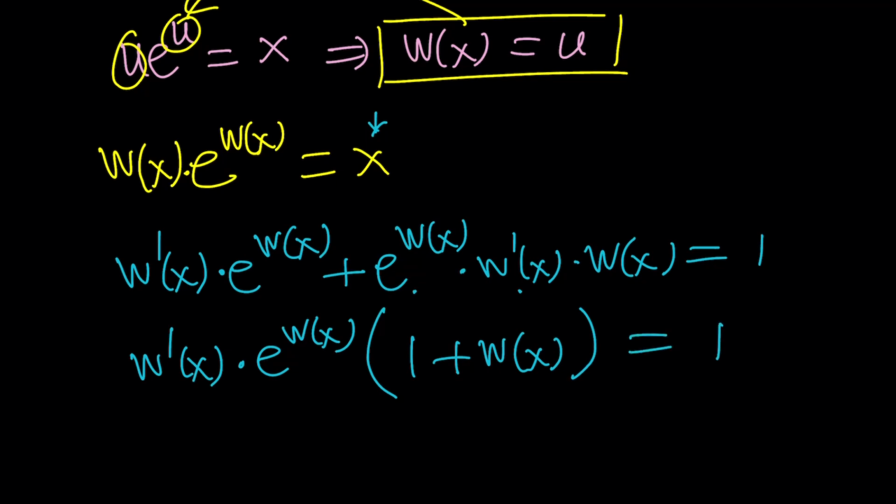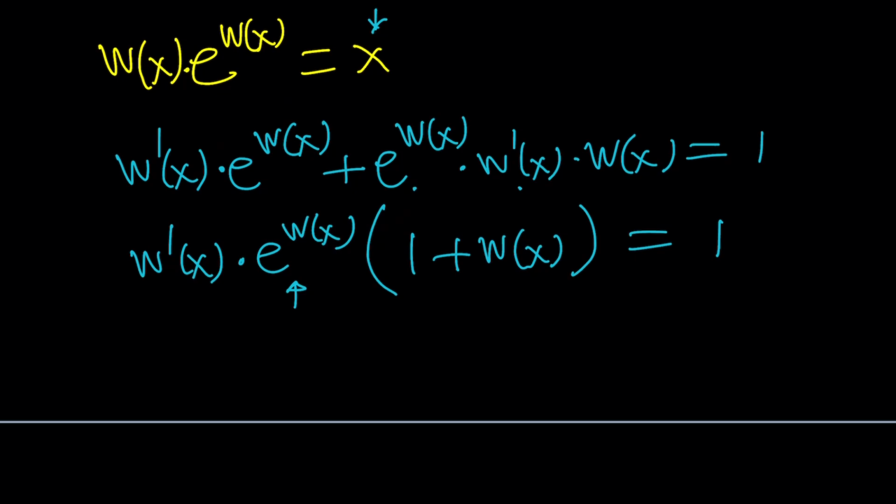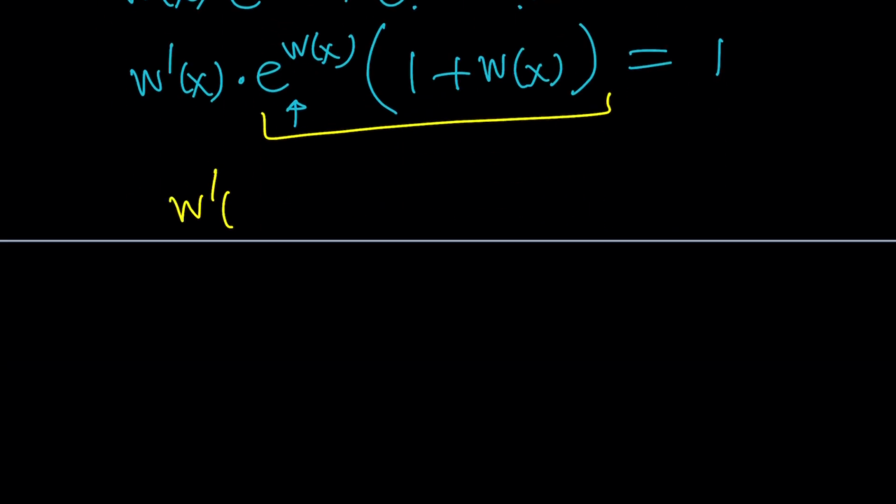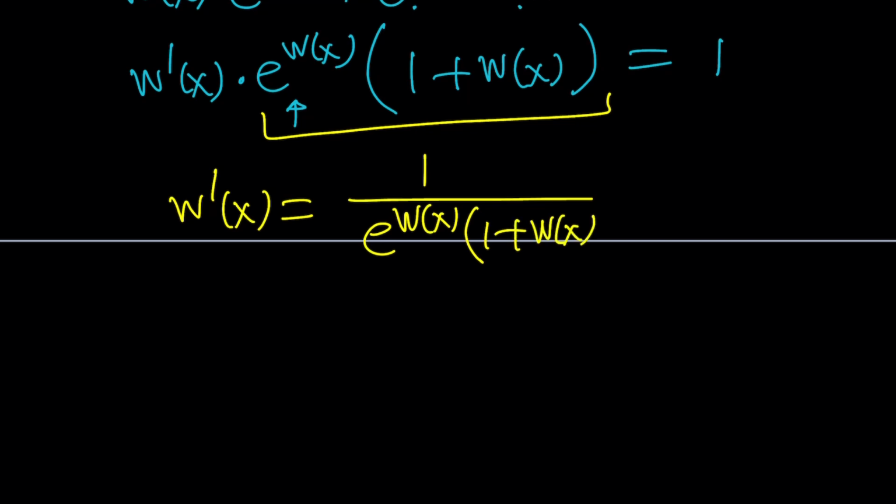Now, our goal is to solve for w prime, so don't leave this on the left-hand side. Divide by this. Here's what we're going to divide both sides by, and that's going to give us w prime. So w prime, in other words, is going to be 1 over e to the w of x multiplied by 1 plus w of x.